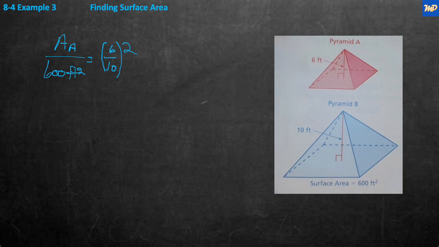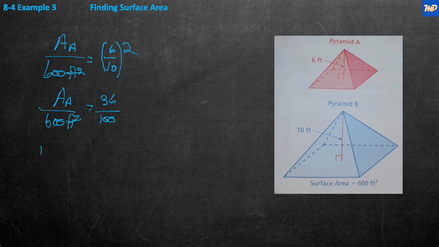So in order to solve this, we have area A is equal to, what we're going to do is multiply this out. 600 feet squared is equal to 36 over 100. So now we're going to clear and get the area A by itself.